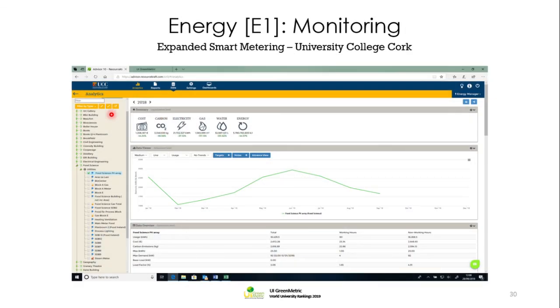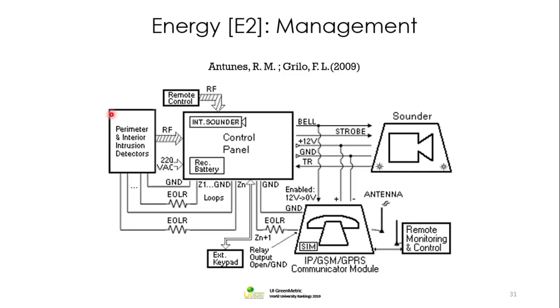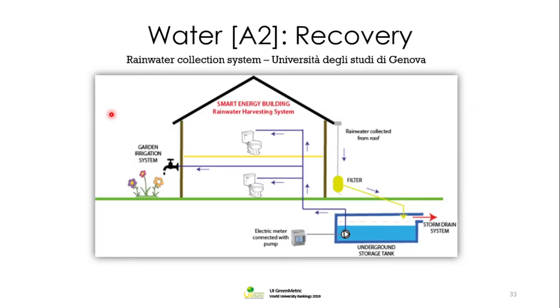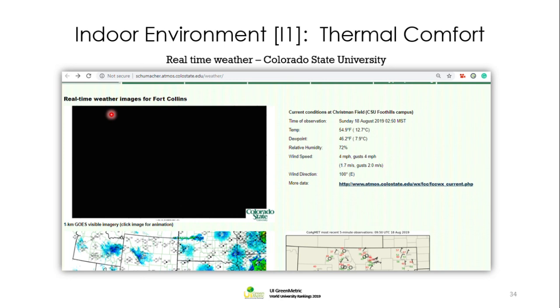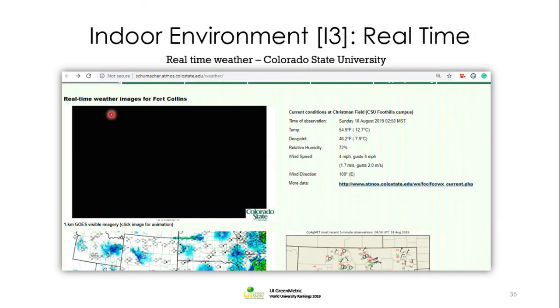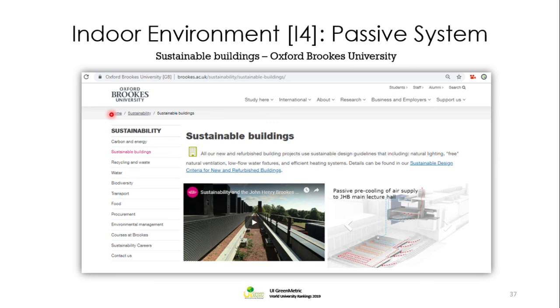and this is an example of energy monitoring, energy management, water monitoring, water recovery, indoor environment for thermal comfort, indoor environment for air quality, indoor environment in real time, indoor environment for passive system.